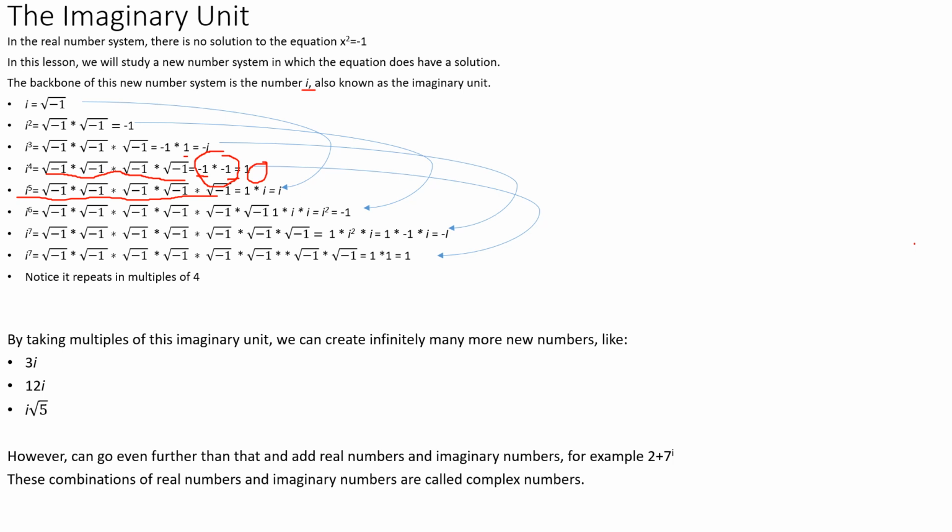So i to the fifth is the square root of -1, just like i. i to the sixth is the same as the square root of -1 4 times, plus 2 more square roots of -1, and that is -1, as in the second one. So it is 1 times -1, so it's -1.